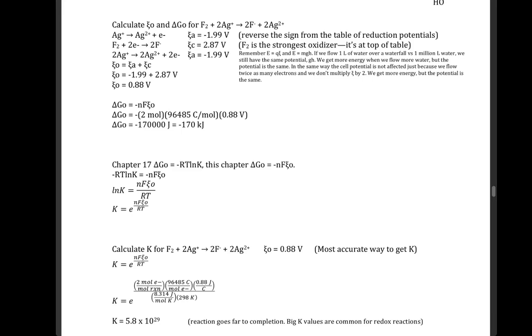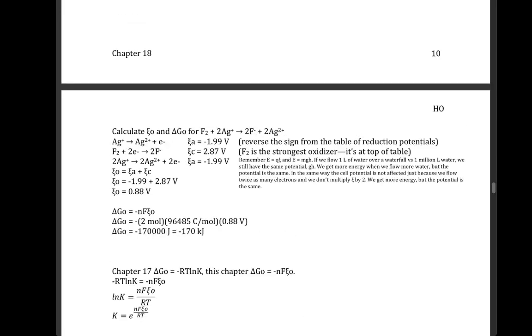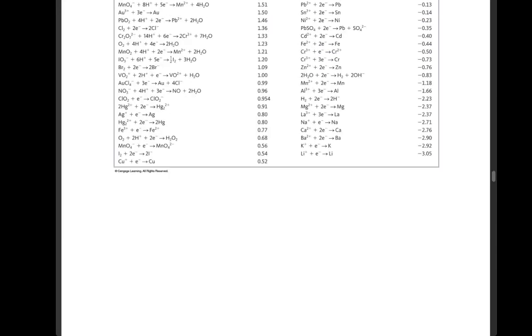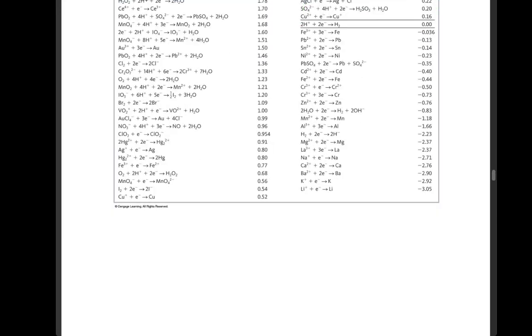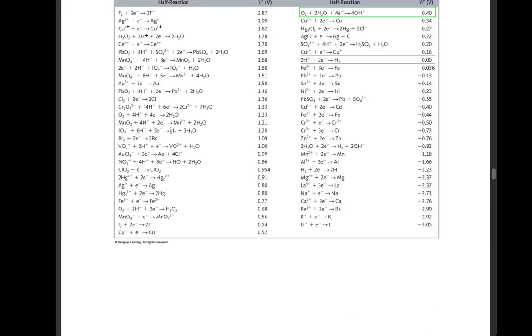Now, before we go back to those two half reactions, notice in our overall reaction, fluorine is being reduced. It is taking on electrons. And silver is being oxidized. It is losing electrons. The silver is the half reaction that's going to occur at the anode, and the fluorine half reaction is going to be occurring at the cathode. So looking back at the table, I found the potential for the silver reaction.